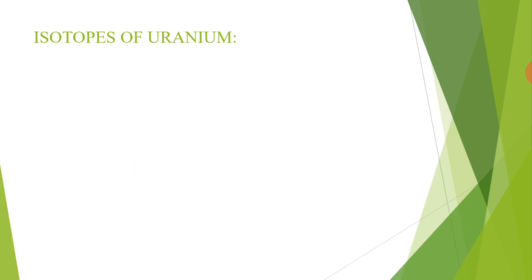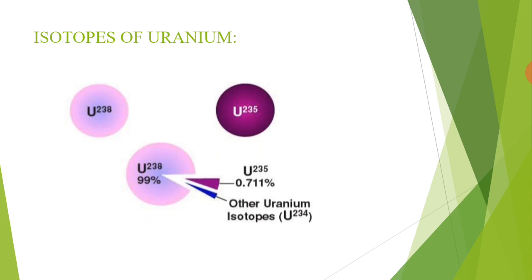Now isotopes of uranium. Uranium has 3 isotopes with mass number 234, 235 and 238. Uranium 235 is used in nuclear reactors and atomic bombs. Uranium 238 lacks the properties necessary for these applications.